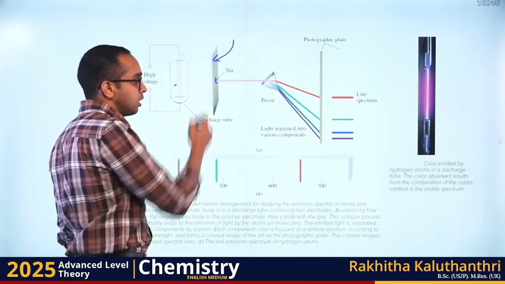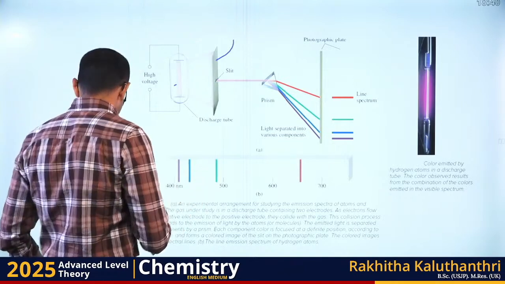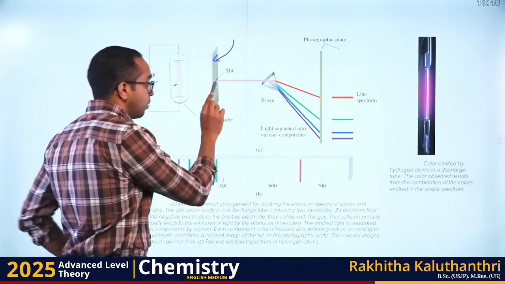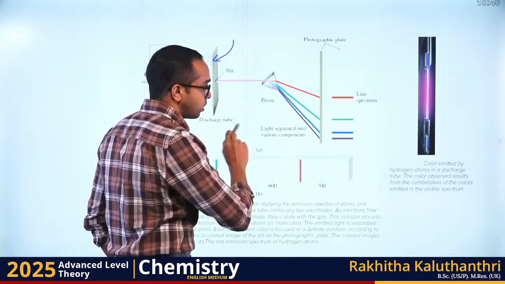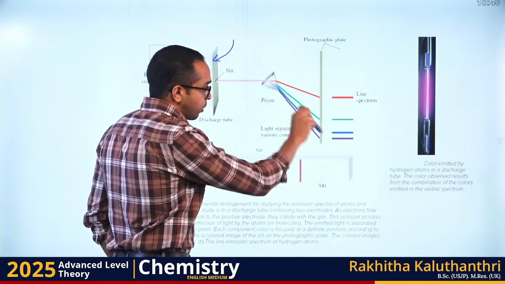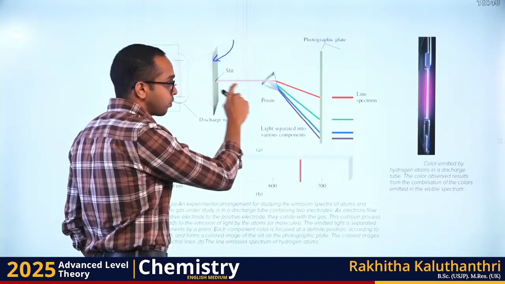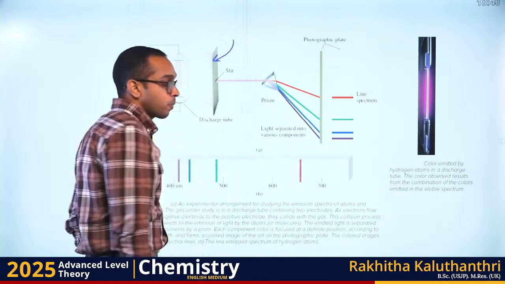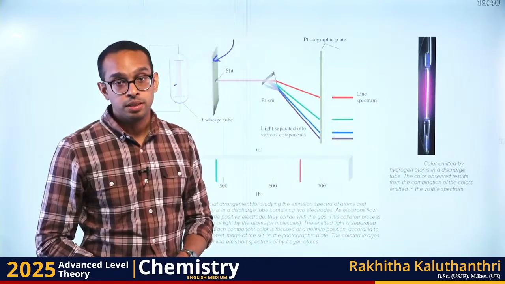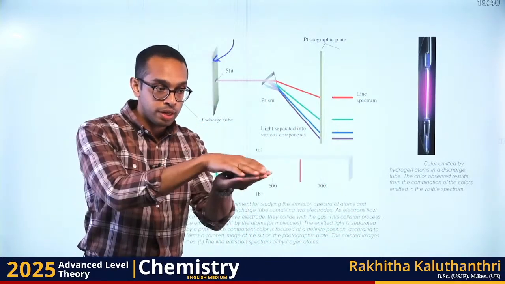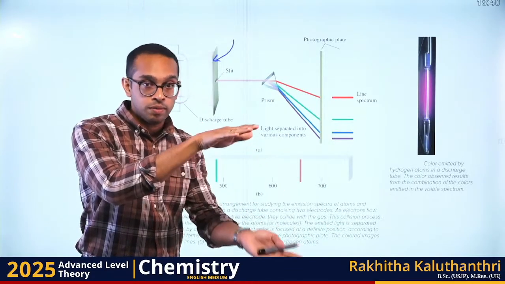So we can see there is an opaque board here with a small slit cut out in the middle, which will take just a beam of light. We will send this beam of light through a prism, and the prism will separate the constituent wavelengths within this beam of light very clearly and give us this line spectra. Okay, the prism's job is to separate the radiation into its constituent wavelengths.